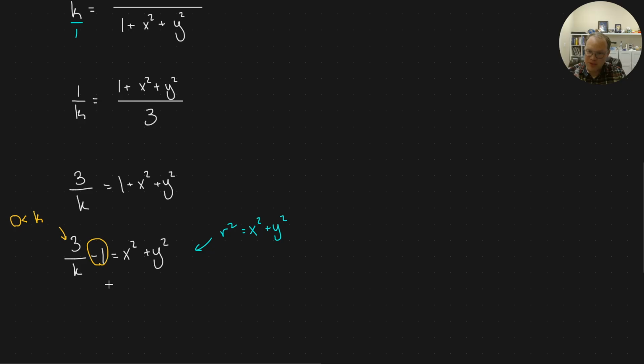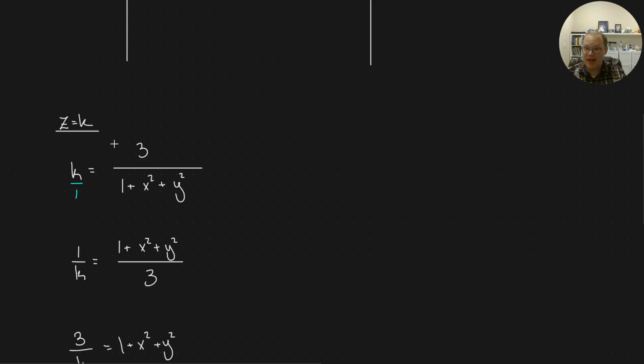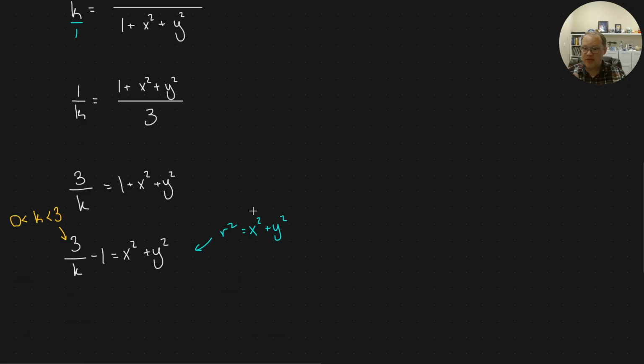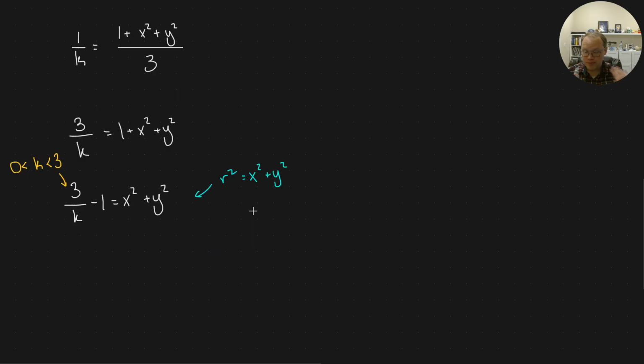Something smaller than 1 minus 1 is negative, and I need this to stay positive. So k has to be between 0 and 3. The possible values of z for this equation always have to be between 0 and 3. But as long as k is within that range, then we have a circle.